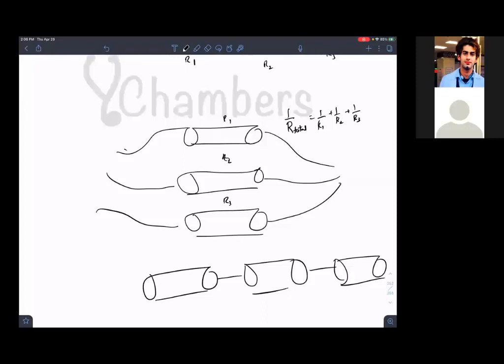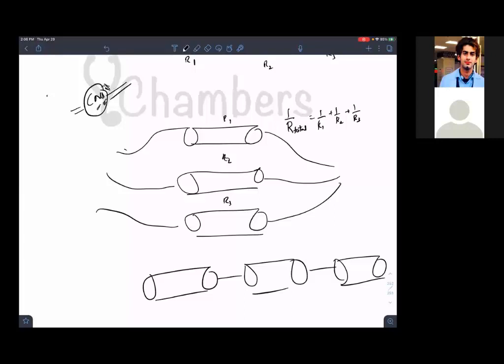Now, for example, I take the CNS, the brain. CNS has an arterial supply, and it has small arteries also, and it has arterioles and capillaries also.